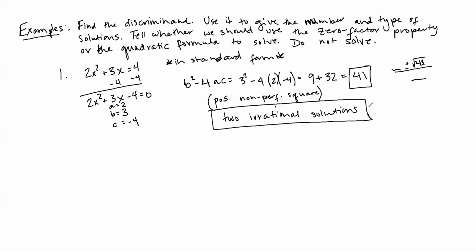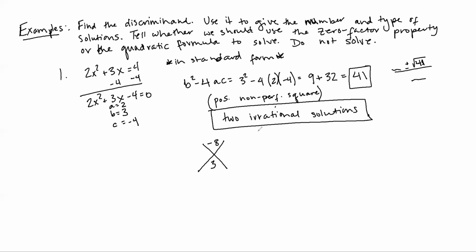And now we also want to say if we should use the quadratic formula or the zero factor property. First thing we want to do here is just figure out if we can factor this. So if we use the big X, we're going to multiply to 2 times negative 4, which is negative 8, add to 3.